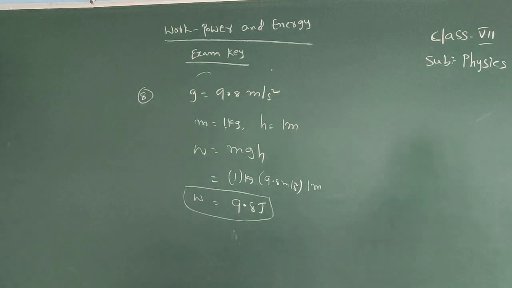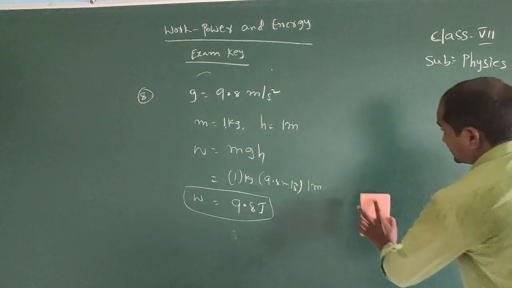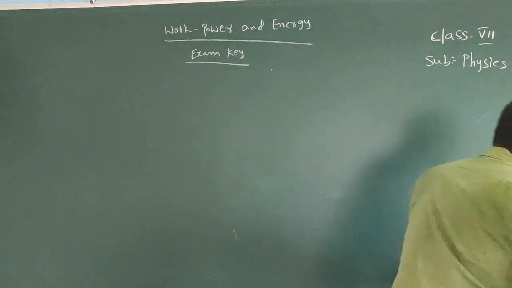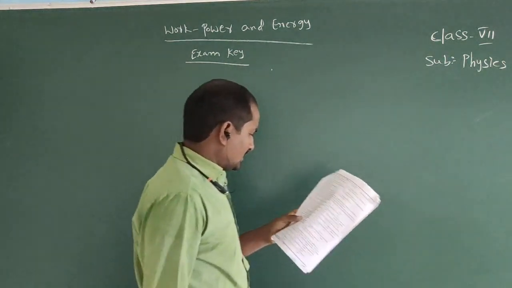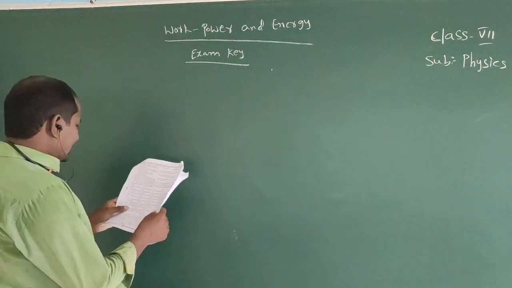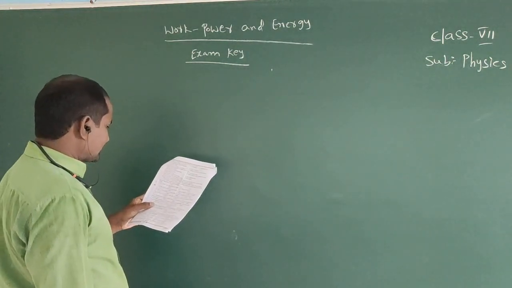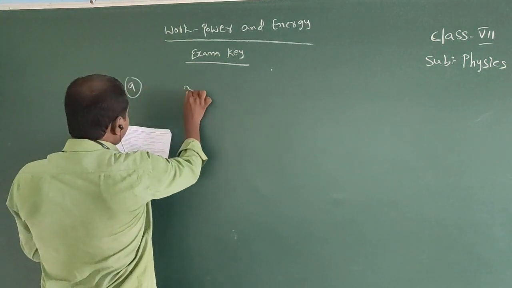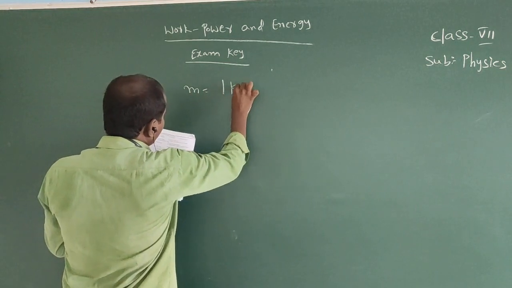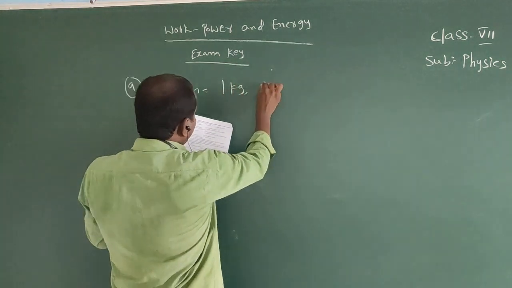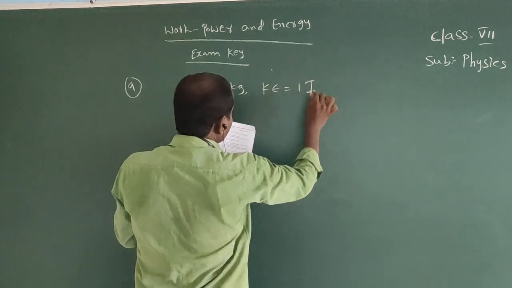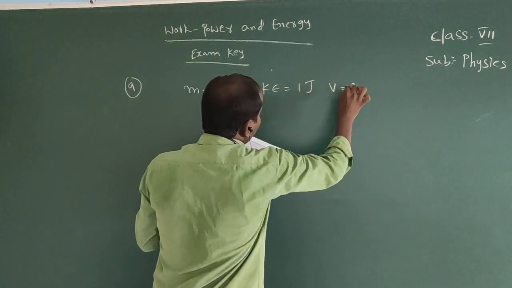Ninth one, a 1 kg mass has a kinetic energy of 1 joule, then its velocity is. Mass is given, that equal to 1 kg, and the kinetic energy K equal to 1 joule.